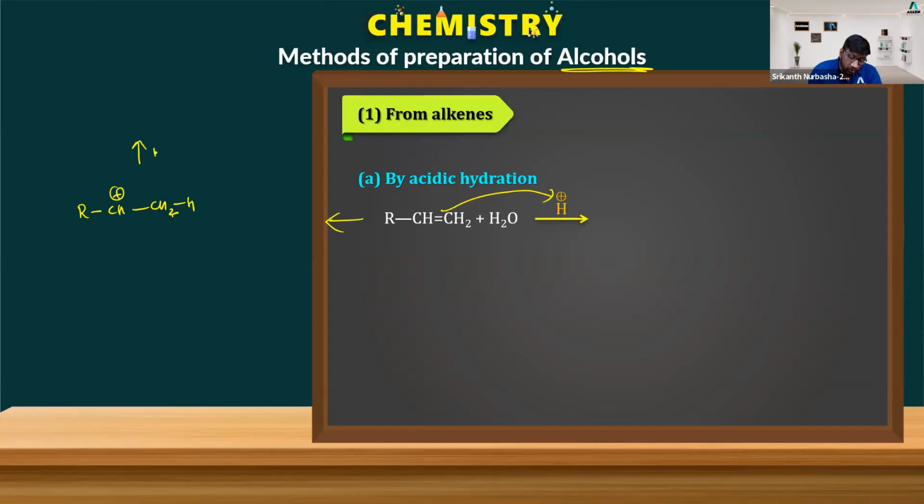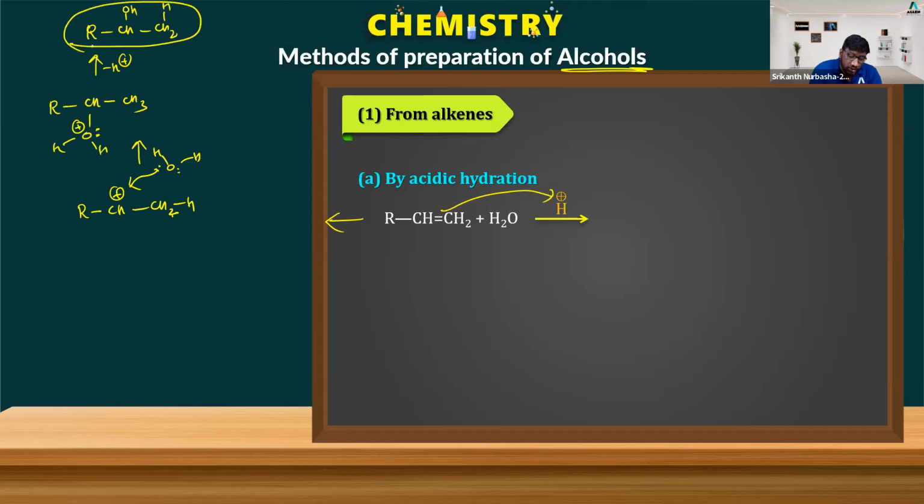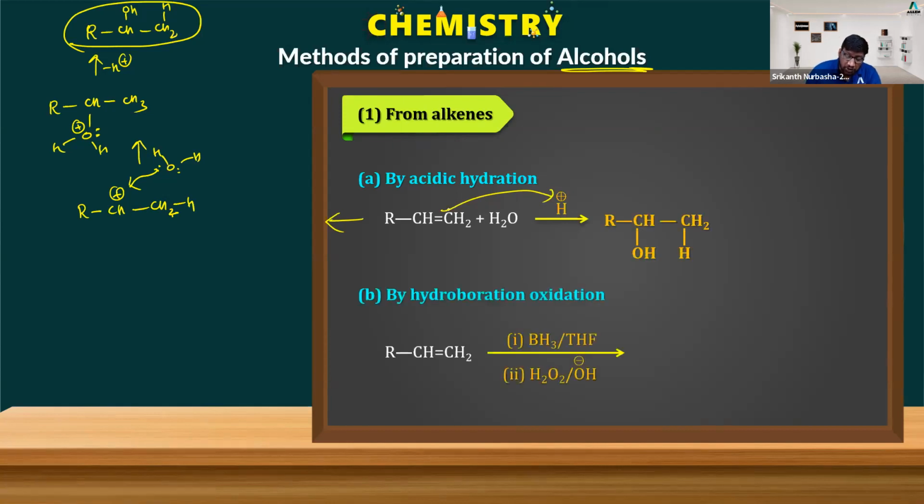Now water comes into the scenario. The lone pair of electrons on oxygen attacks the carbon, generating RCHCH3OH2+ with one lone pair and a positive charge. Lastly, loss of H+ occurs, generating RCHOHCH3.